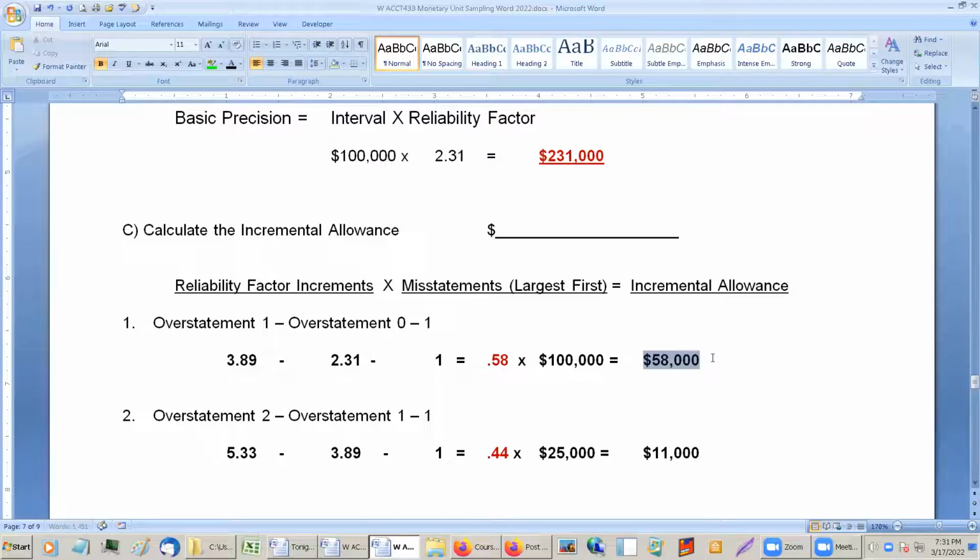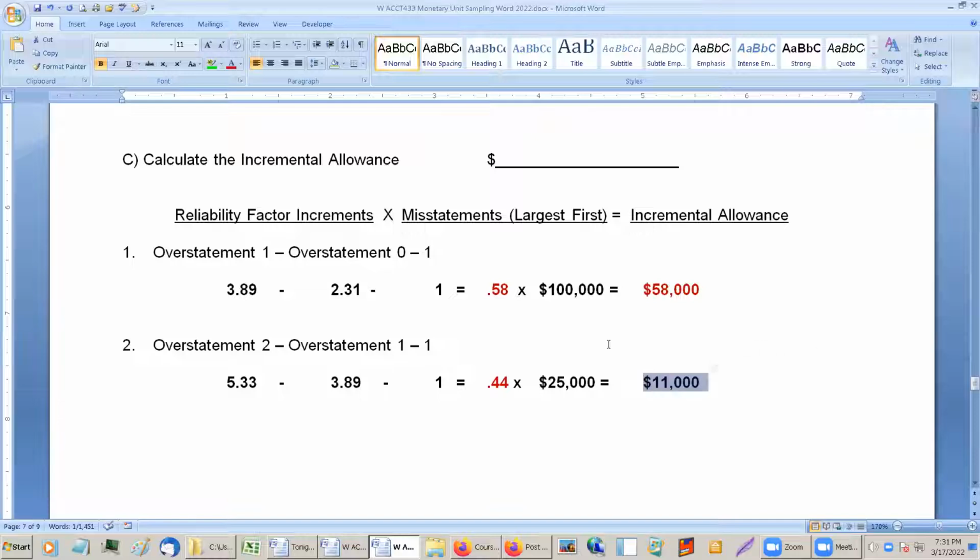Okay, so these are the incremental for each of the 58 for the first overstatement, 11,000 for the second. All right. 69,000.